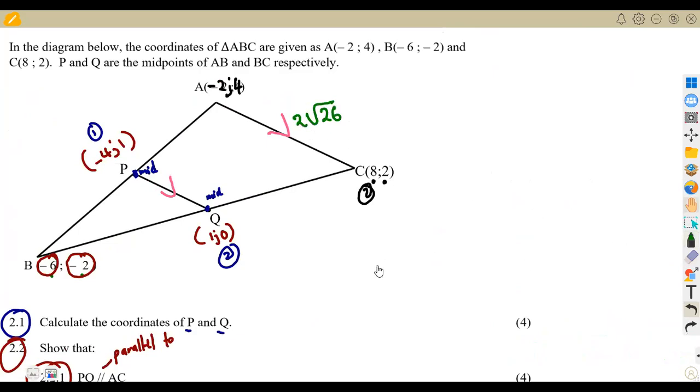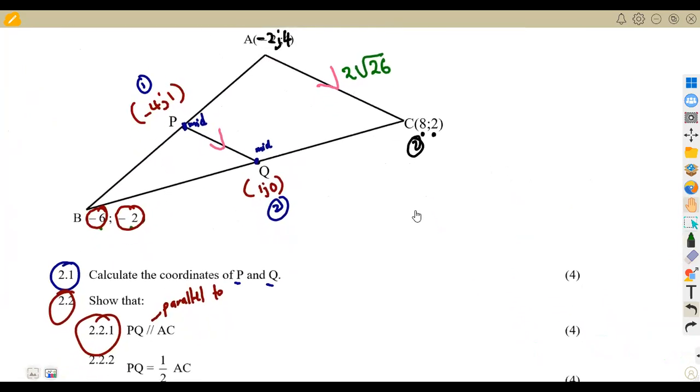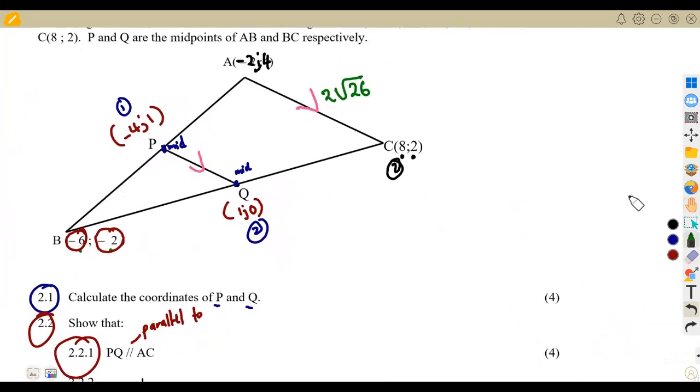Like I'm saying, the perimeter is simply the distance right around. If you're calculating the perimeter, it means you're supposed to add the distance right around the shape. So your perimeter in this case is going to be AB plus BC plus CA. You have to consider all the sides combined together.